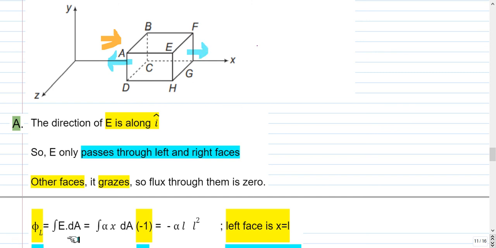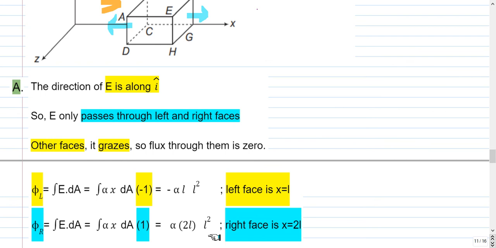Flux passing through the left face is integral E dot dA, and electric field is alpha x, and cos of angle between electric field vector and area vector is cos 180, that is -1, and value of x is constant for the left face, that is L. So the flux coming out of the left face is alpha L into L square.